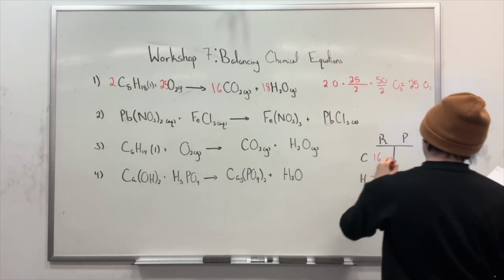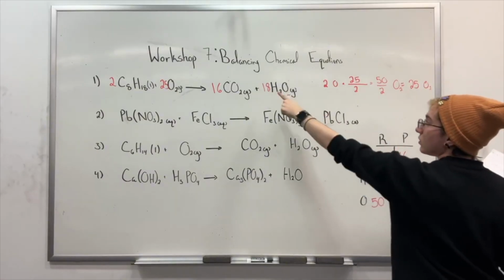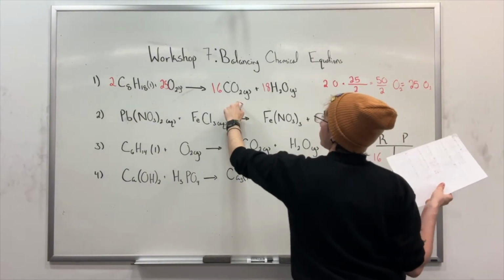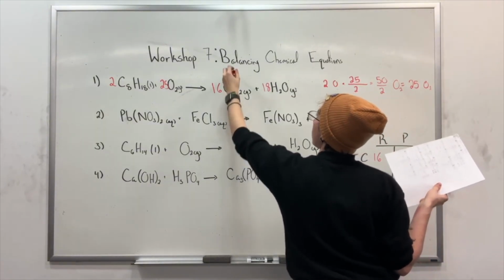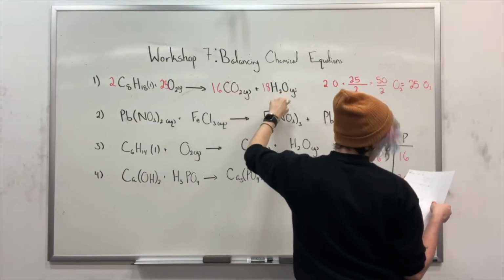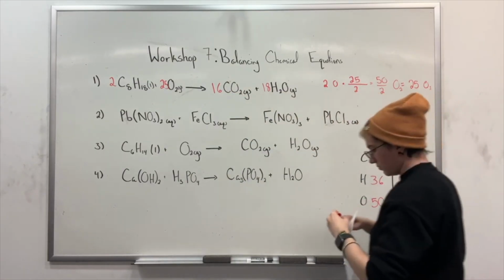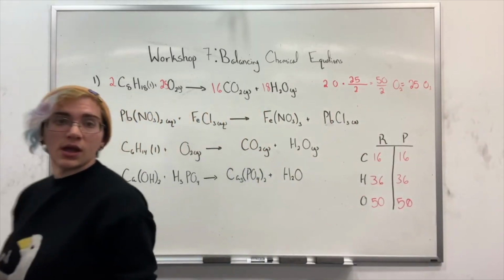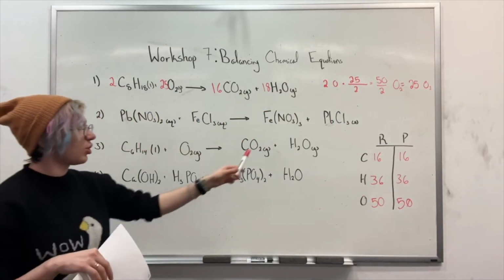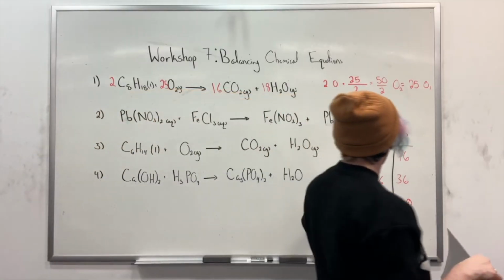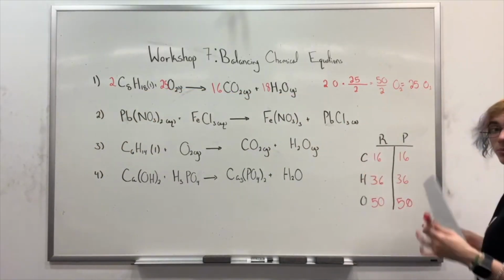We have 16 carbons, 36 hydrogens. This would be 32 plus 18. You would have 50 oxygens. Our balancing works. And always check for that at the end of your reaction. Make sure all of your numbers are balanced. Make sure there's an equal number of atoms on both reactants and product side.